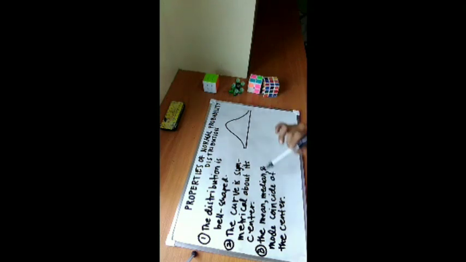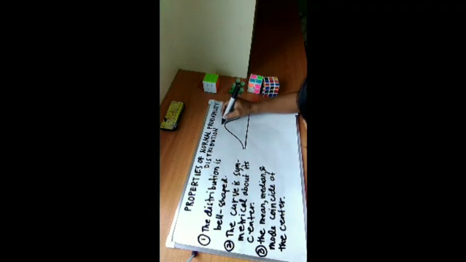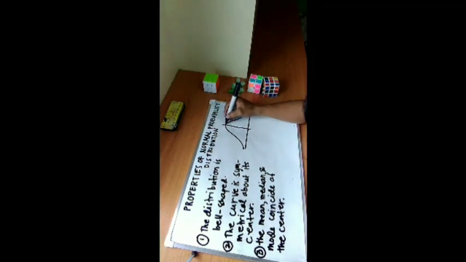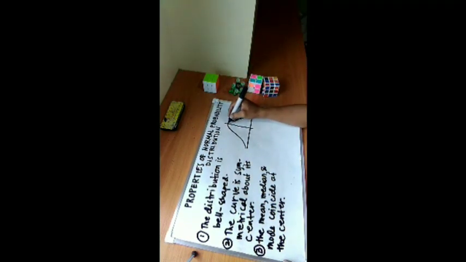Number 2, the curve is symmetrical about its center, meaning if we divide this curve into two equal parts, the curve on the right side should be the same as the curve on the left side. The curve here is just a mirror of the curve on this side.